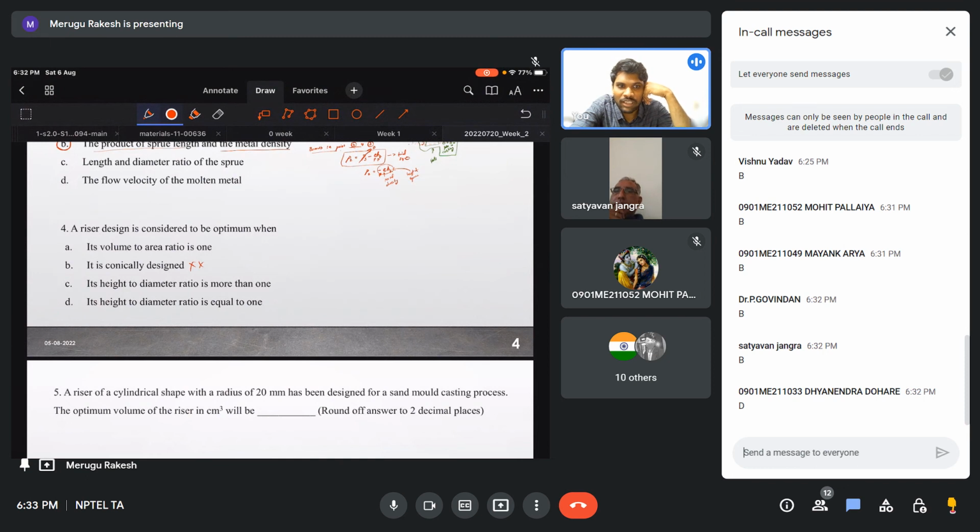There was one answer: its height to diameter ratio is equal to 1. Okay, let it be. One person answered this one. Any other guesses? What is the optimum ratio for a riser design?